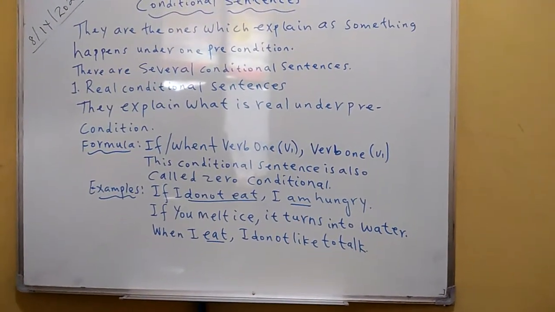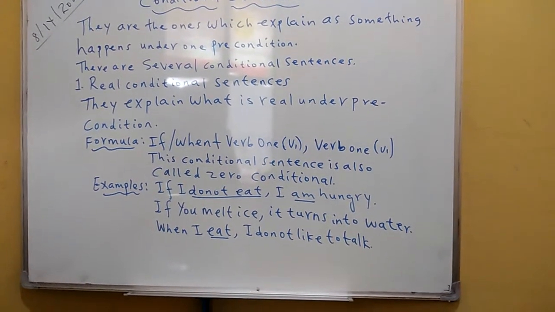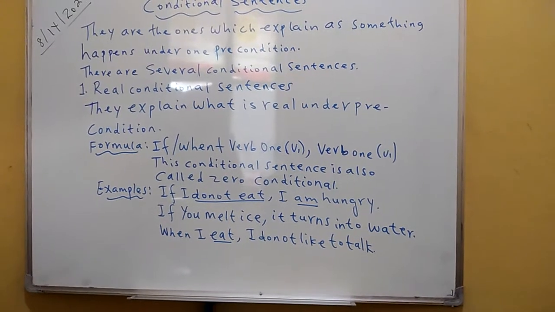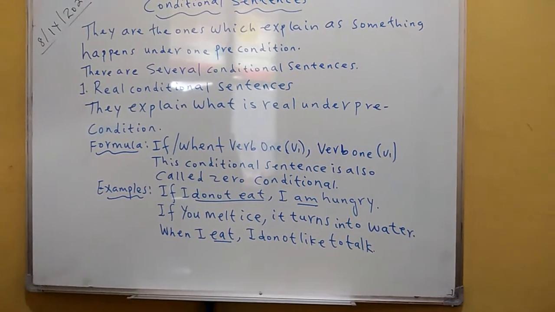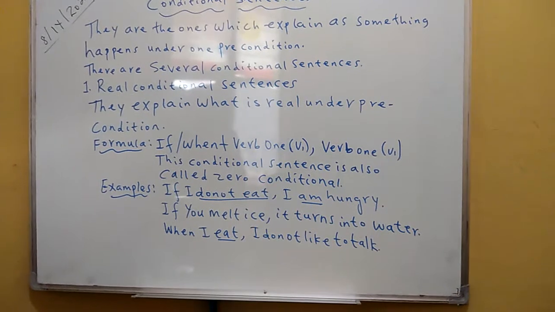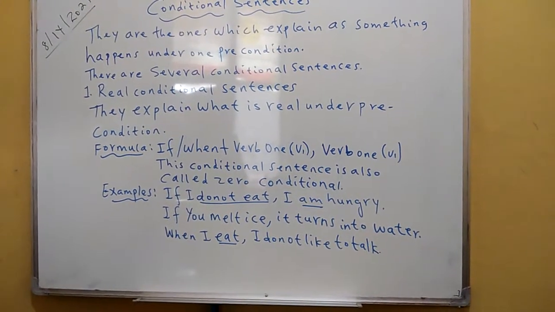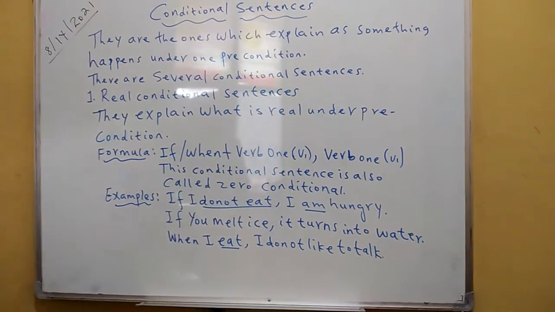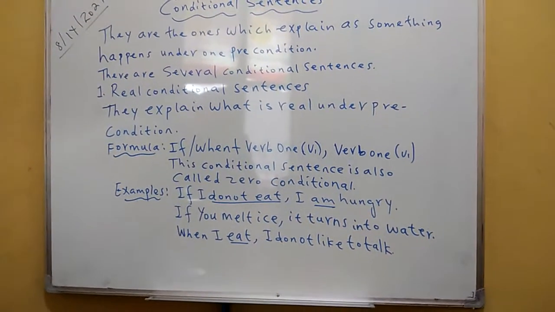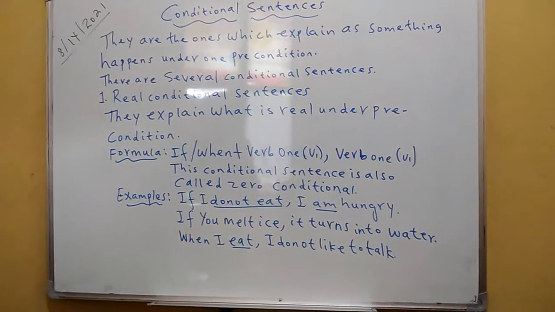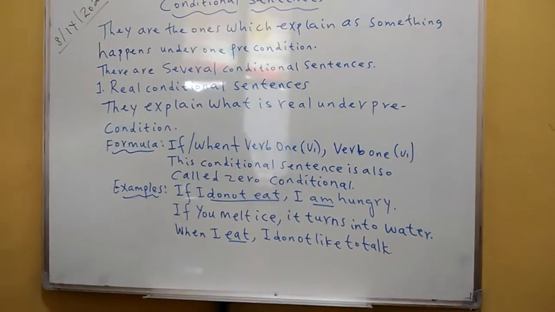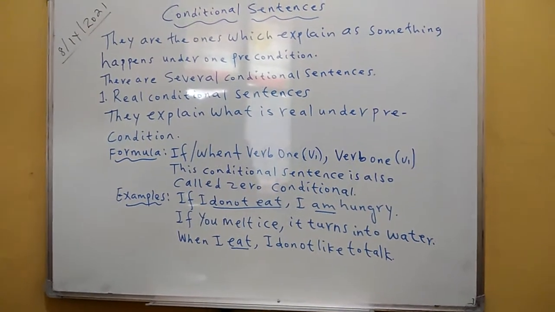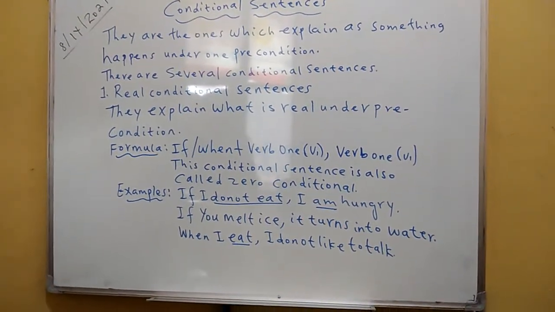The first one, if I don't eat, is called a dependent sentence, and then I'm hungry is an independent sentence, right? So when you combine both these dependent and independent sentences, which are simply made up of verb 1, in most cases, this is what we call zero conditional.